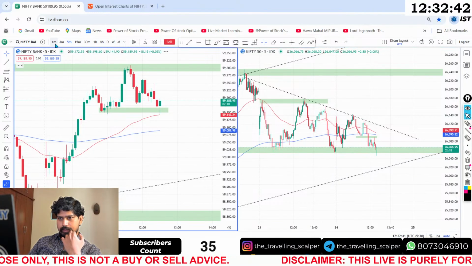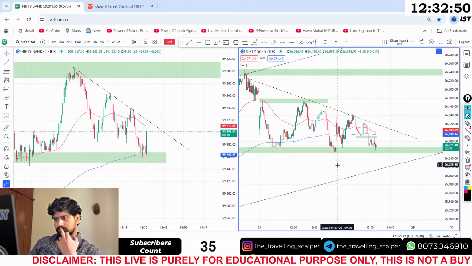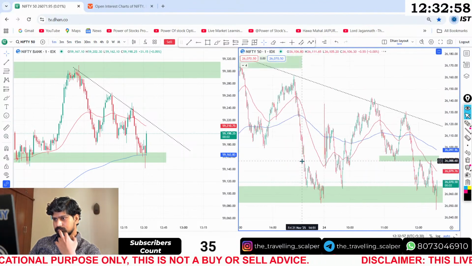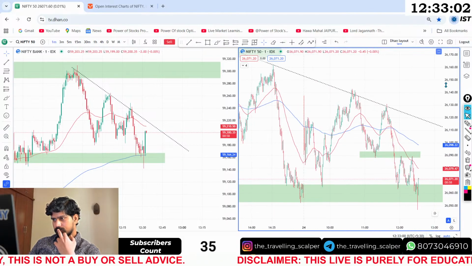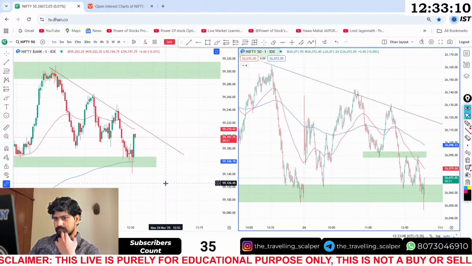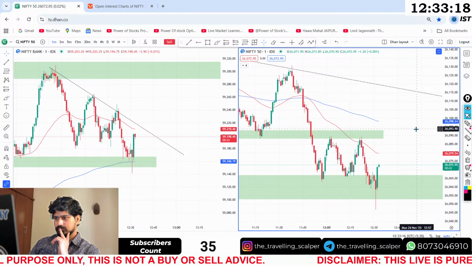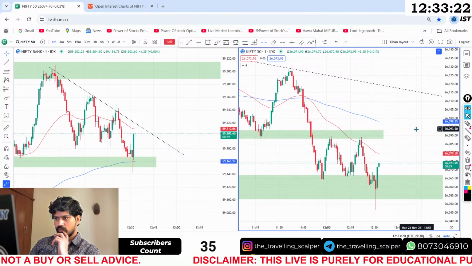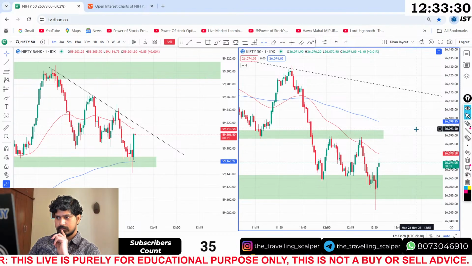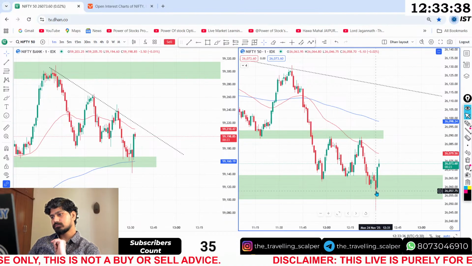Okay, Bank Nifty is trying to go up. Bank Nifty we can get into a trade. Okay, so at proper support only it is trying to go up.